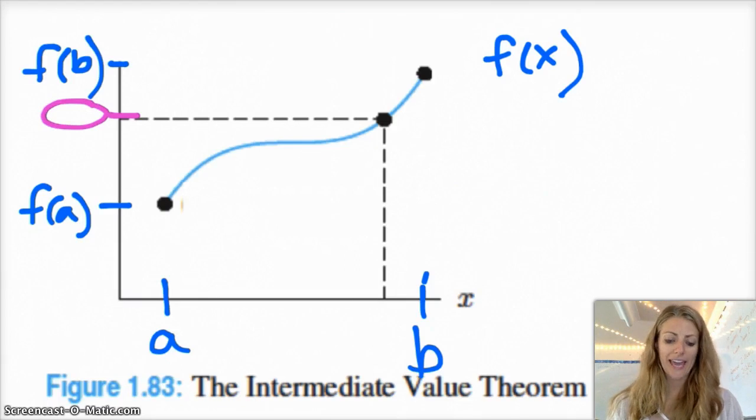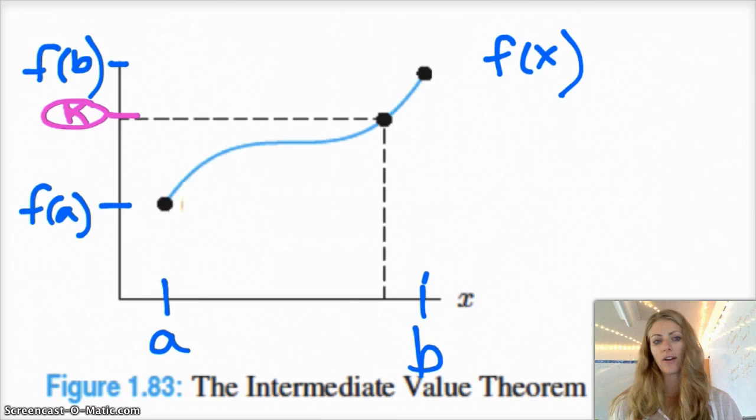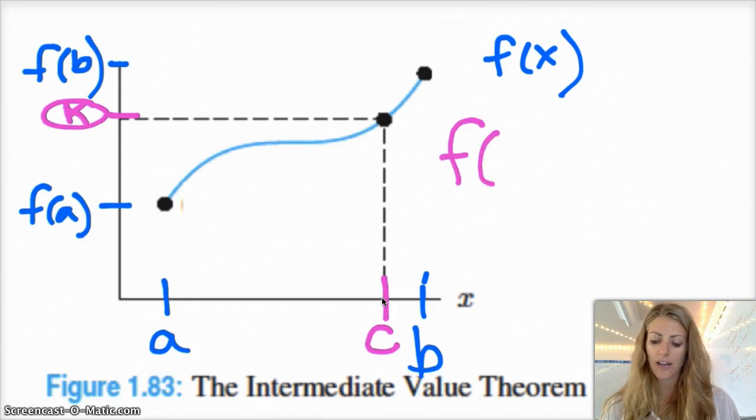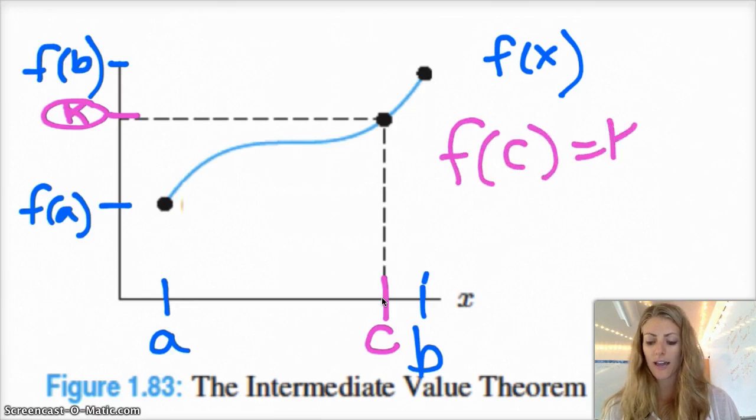We're just going to call that k for now. So if there's a number k in between f of a and f of b on the y-axis here, then there has to be an x value here that gets me that k value. So we're going to call this c. So we know that there has to be some c so that f of c equals k.